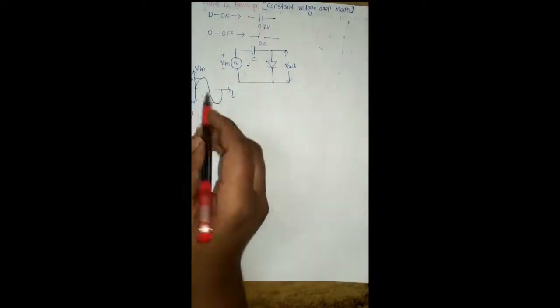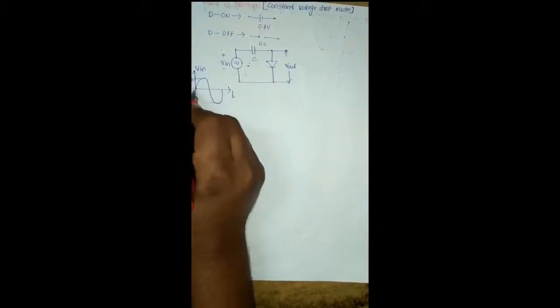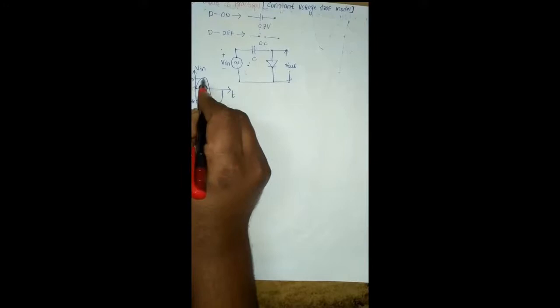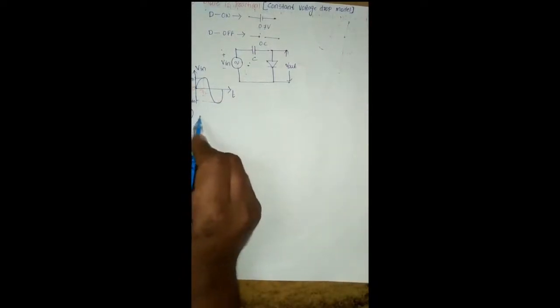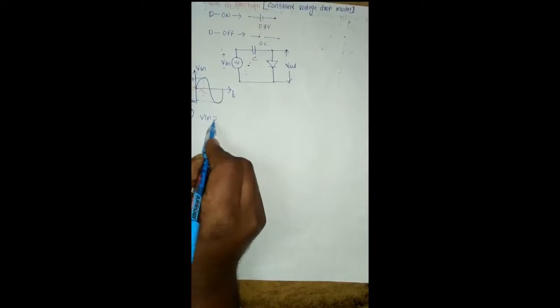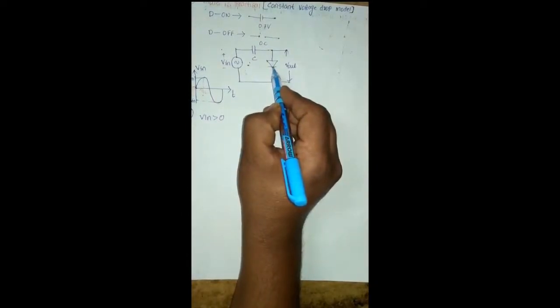Again here we are giving the positive half cycle. During the 0 to T by 2 instant, the input voltage is Vm. At that time this diode is forward biased. It means that the input voltage is greater than 0, so this diode is forward biased.